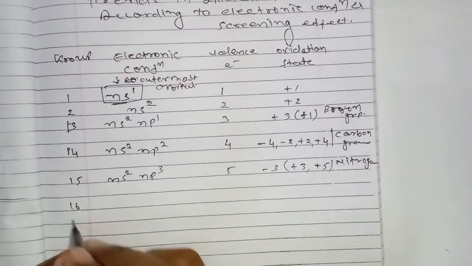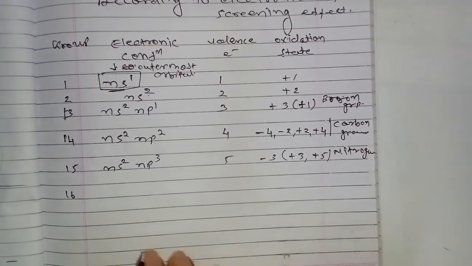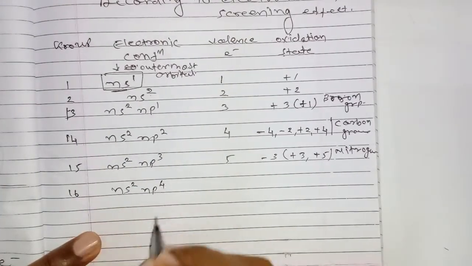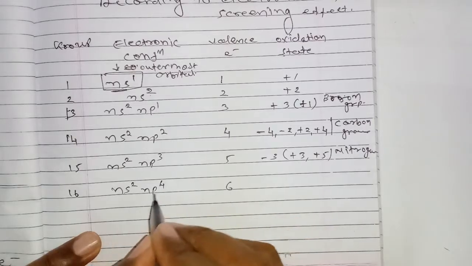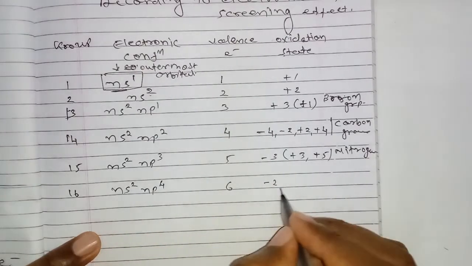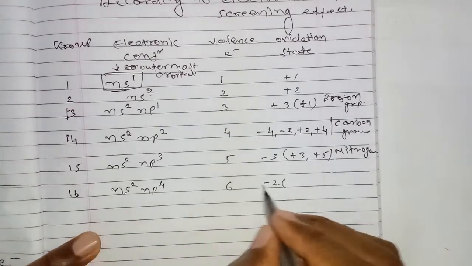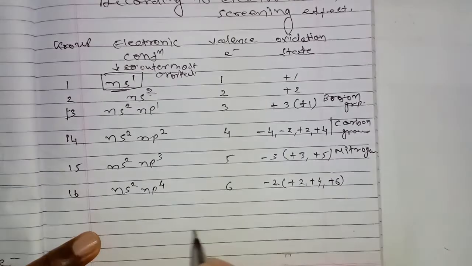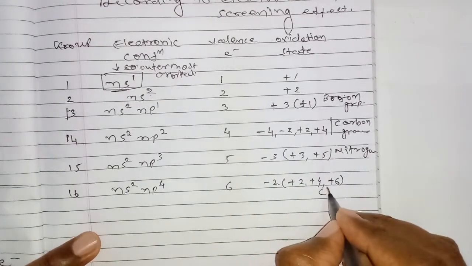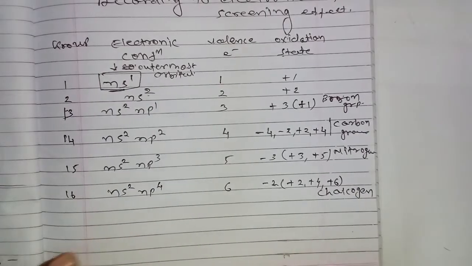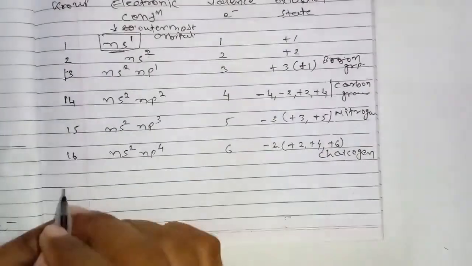Group 16, ns2 np4, 6 valence electrons. The oxidation state is minus 2, or others are plus 2, plus 4 and plus 6; these are the chalcogens.